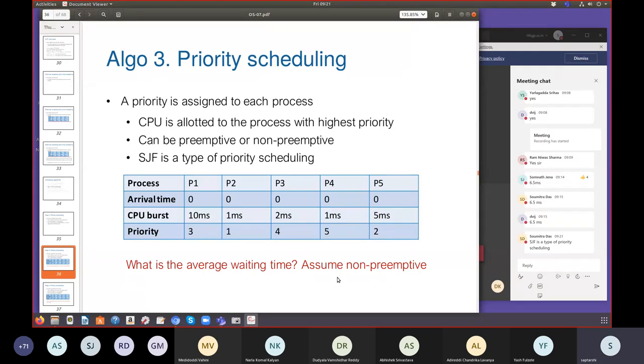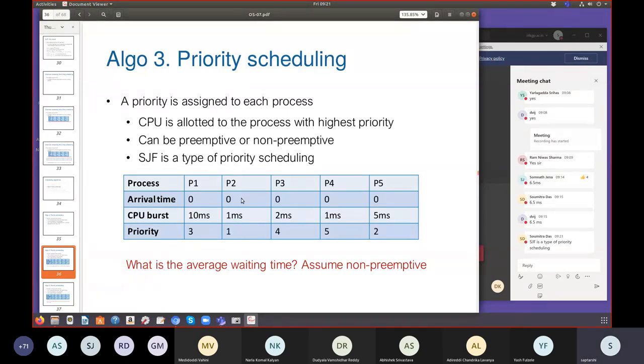So what would be the average waiting time? Remember, lesser the number here, higher the priority. So P2 has the highest priority, then P5 and so on.